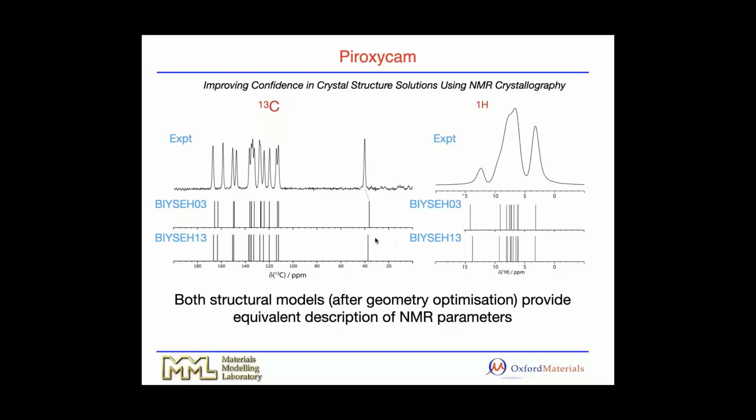And once you do the full geometry optimization, these two structures essentially become equivalent. They both give reasonably good agreement for both the carbon-13 and the proton spectra, enabling you to make a reasonable assignment of the peaks.